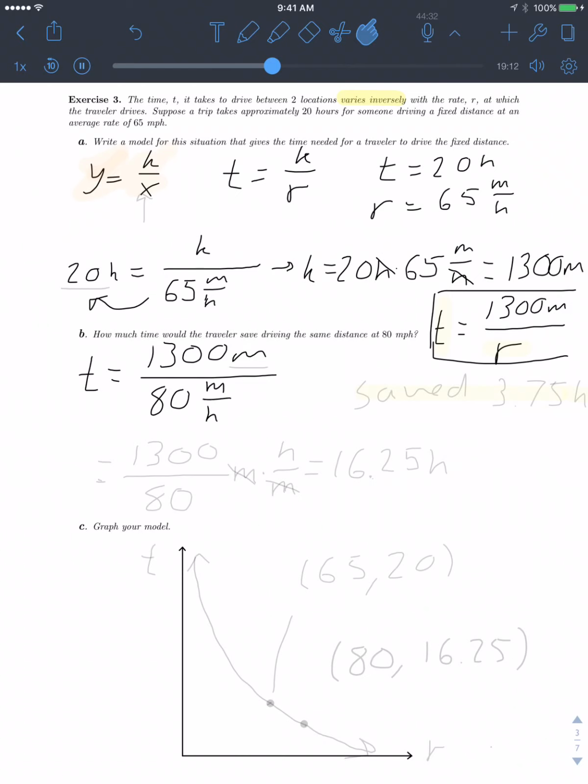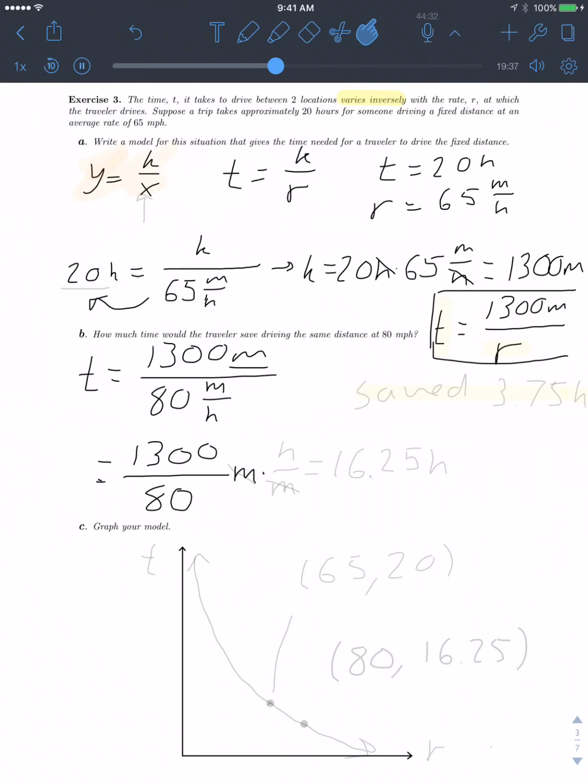Now this is another case where our units can simplify a little bit. We have 1,300 miles divided by 80 miles per hour. And we can pull the units out to the side and say we have miles from the numerator.